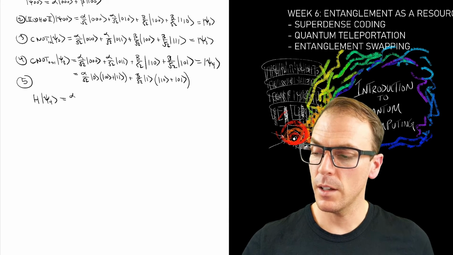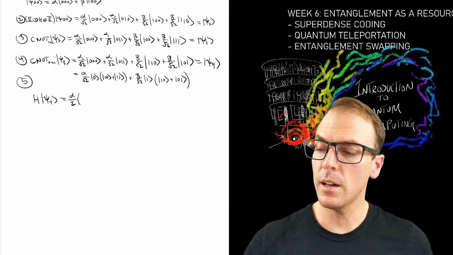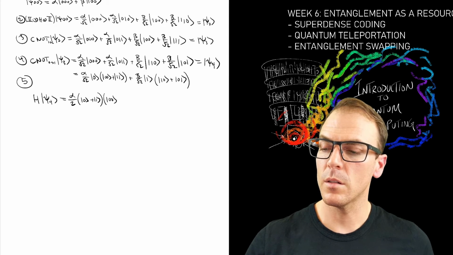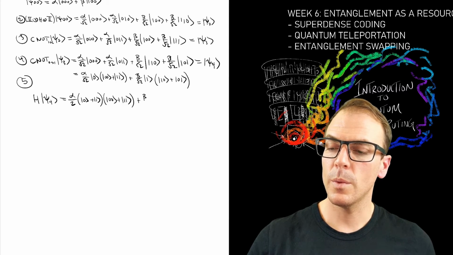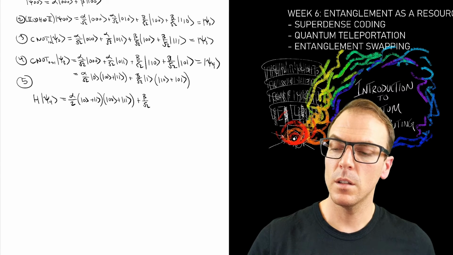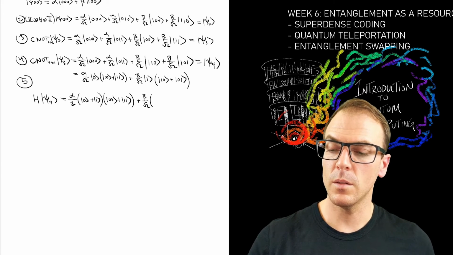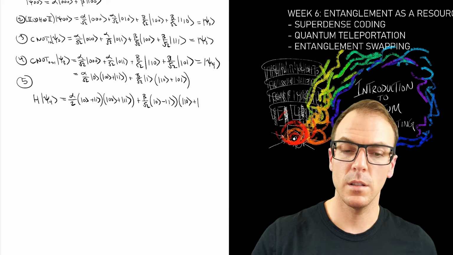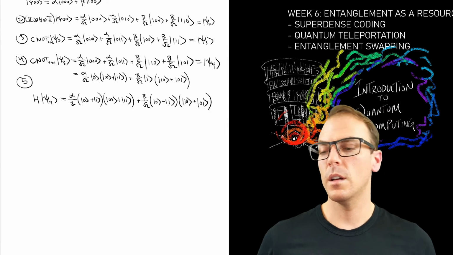So we have alpha over 2 now, 0 plus 1, 0, 0 plus 1, 1, plus beta over 2, and we have 0 minus 1, 1, 0 plus 0, 1.